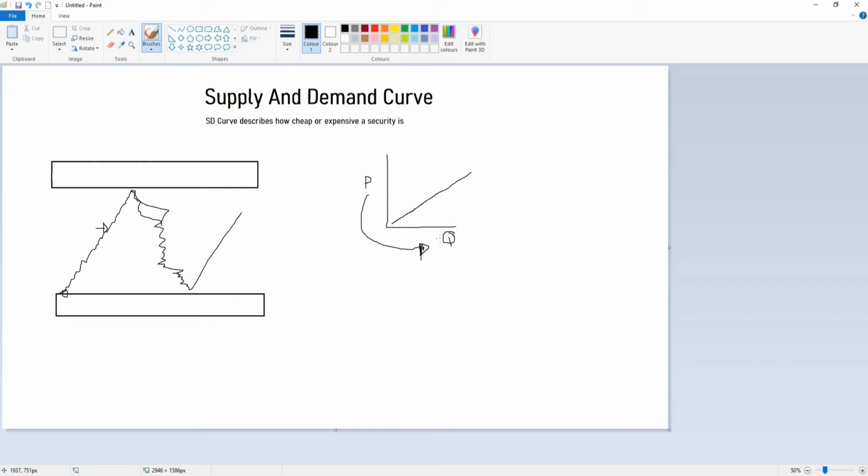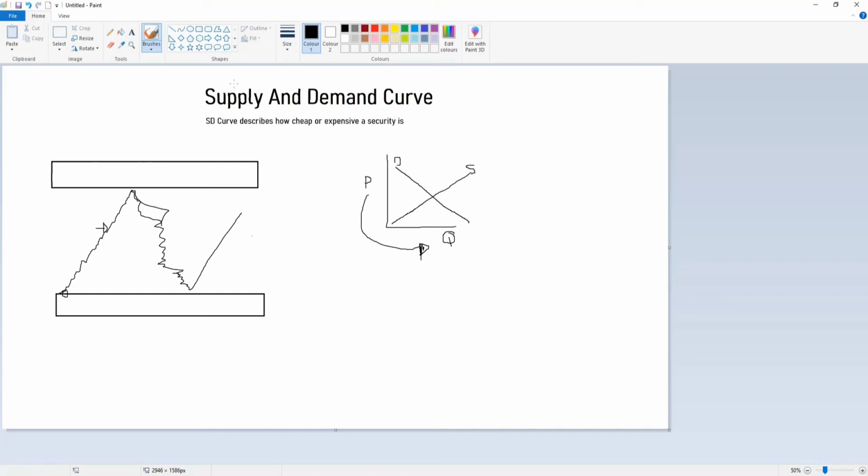So quantity in the market increases with the increase in price, but with demand, it works in the opposite direction, because when something becomes more expensive, people become less willing to buy that specific product, right? And this is what I just explained here.